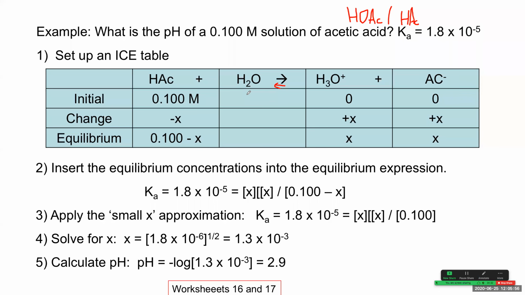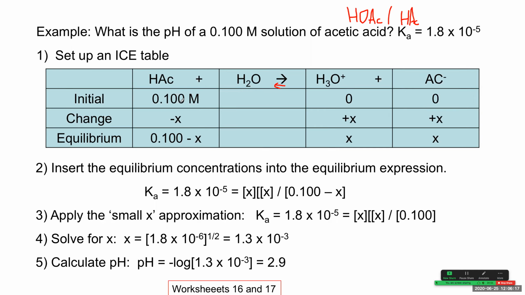We're starting with 0.1 molar acetic acid. That means initially we put 0.1 molar in the initial concentration. HAc is 0.1, but we have 0 for the hydronium ion and 0 for the acetate anion, the conjugate base. So here's the acid, here's the conjugate base for acetic acid.